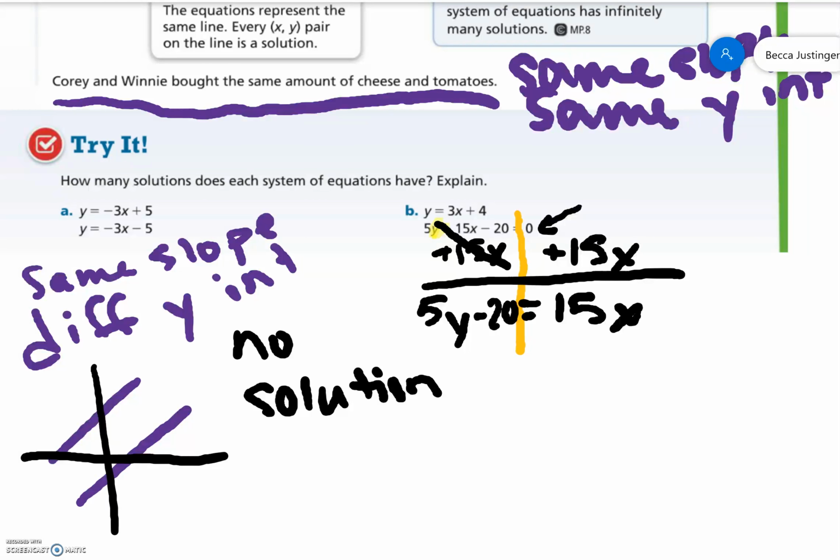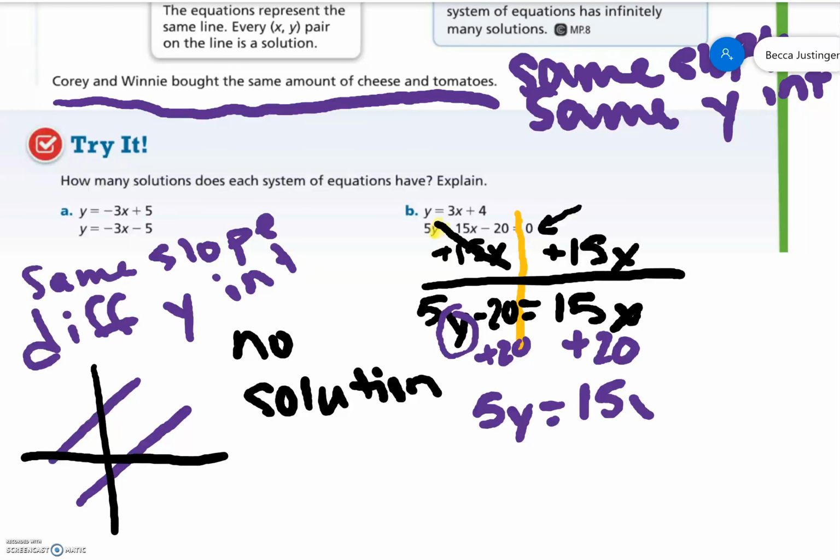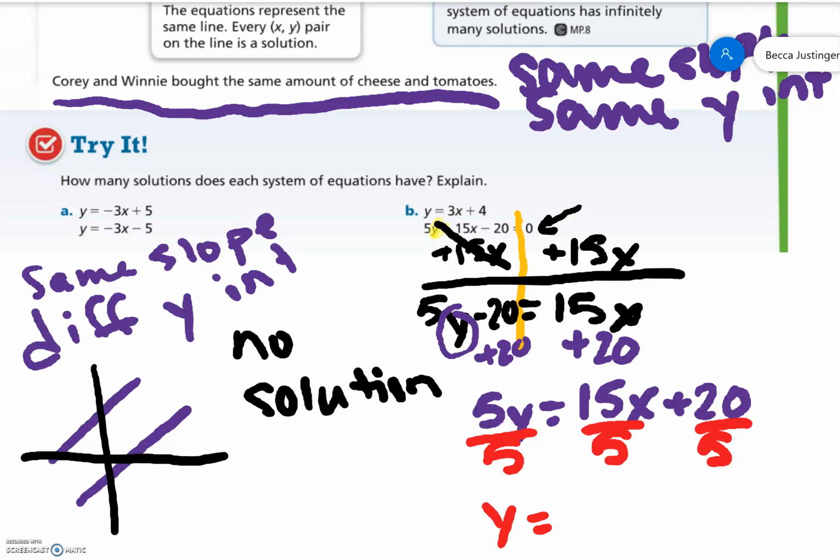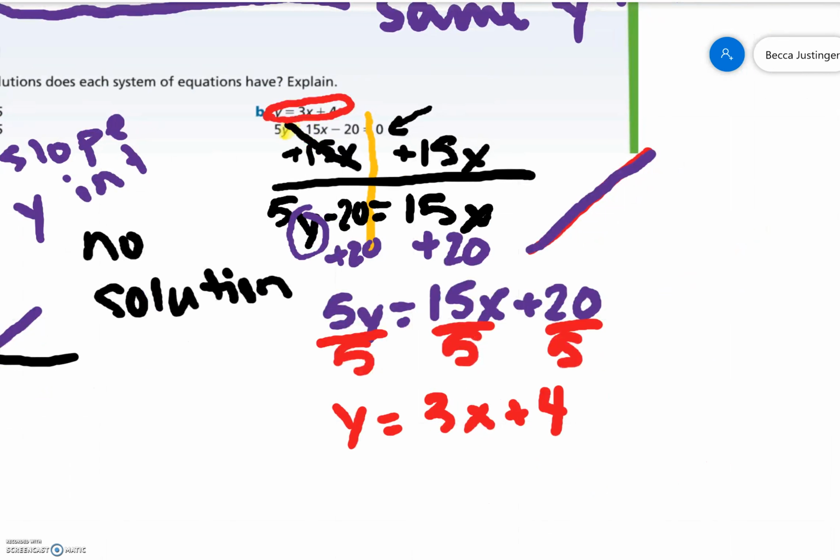Again, still trying to get y by itself, so I'm going to add 20 to both sides. 5y equals 15x plus 20. Last step to getting y by itself is to divide everything by 5. So that tells me y equals 3x plus 4. And that's the same exact thing as this first equation. So if it's the same exact thing, it's the same exact line, there are infinite solutions.